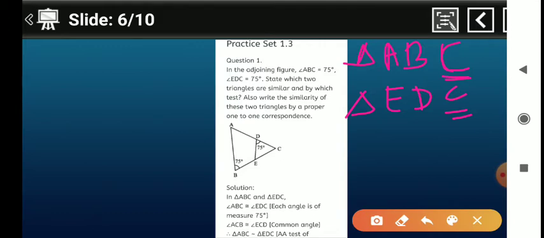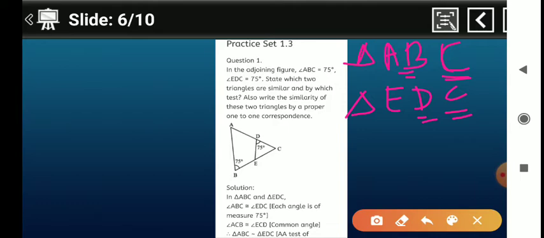From the figure we can see angle B and angle D are the same. So here we get two angles congruent, that is angle B congruent with D and C congruent with C, because angle C is the common angle for both triangles.